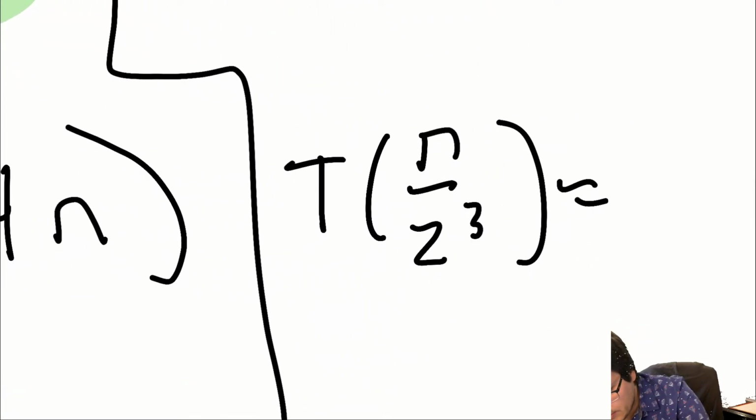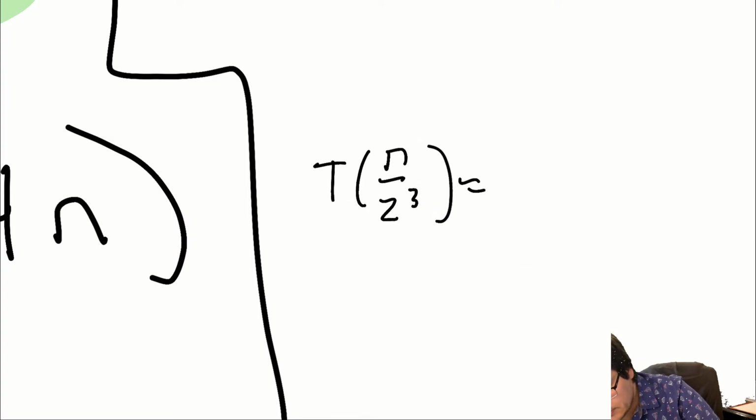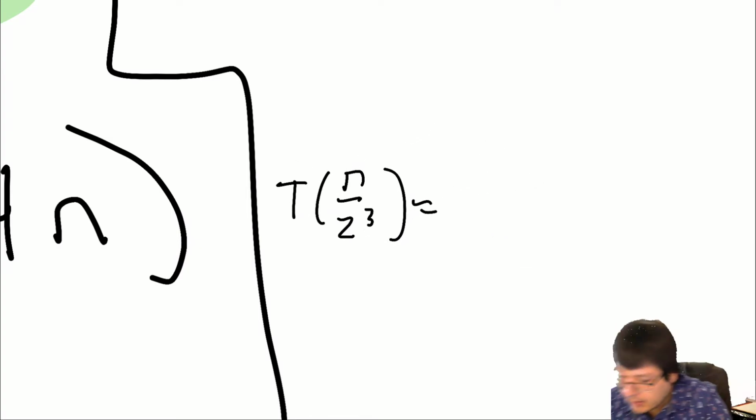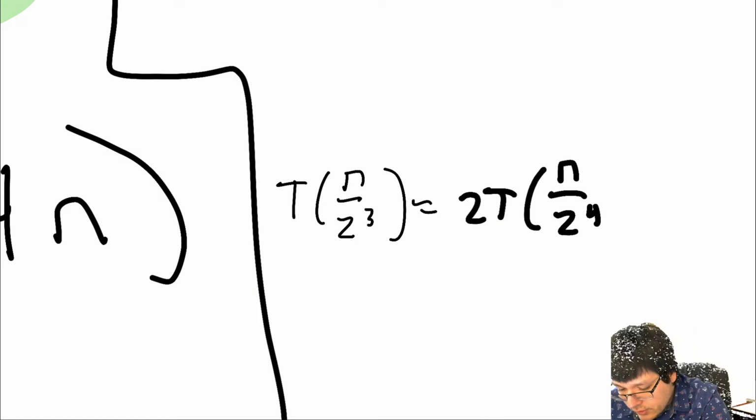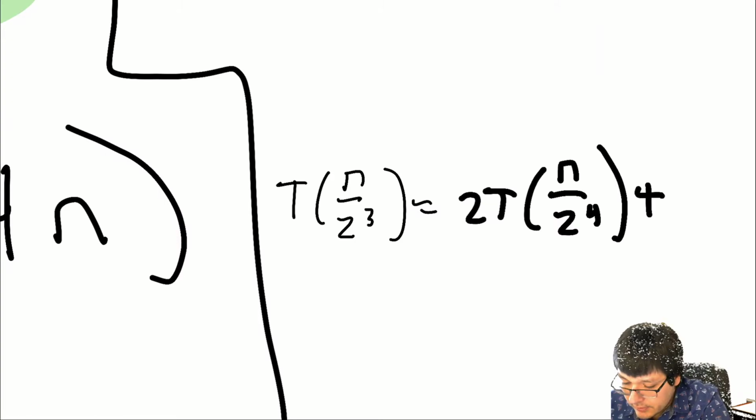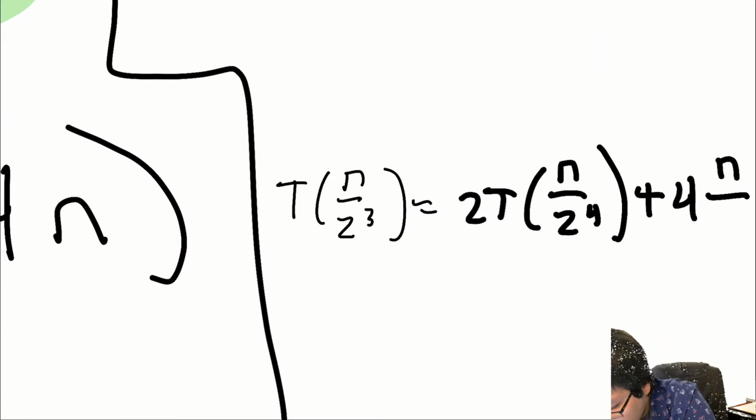I'll zoom in hard. It's going to be really tiny, but it's okay. That would be equal to 2T(n/2 to the 4th) plus 4n divided by 2 to the 3rd.